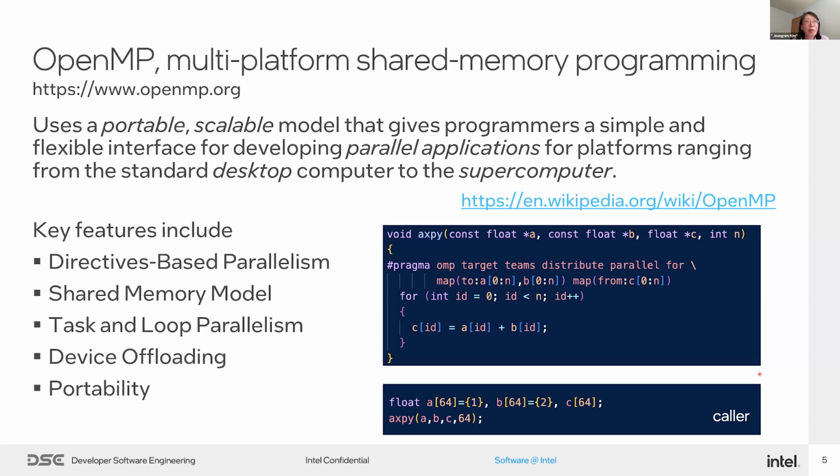The key feature of OpenMP, unlike many other API-based library solutions, is that it is directive-based parallelism, as you can see on the right. It is the normal C code you will have, and then you are telling the compiler your intention, how you want to execute the parallelism, and also where you want to run the computations.